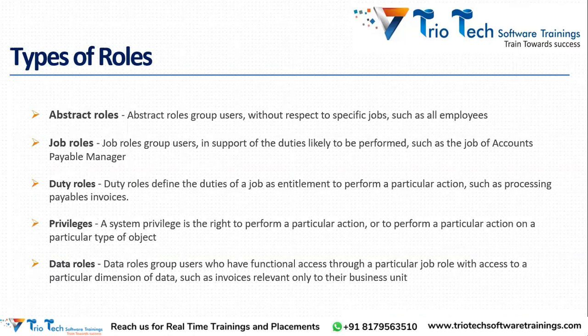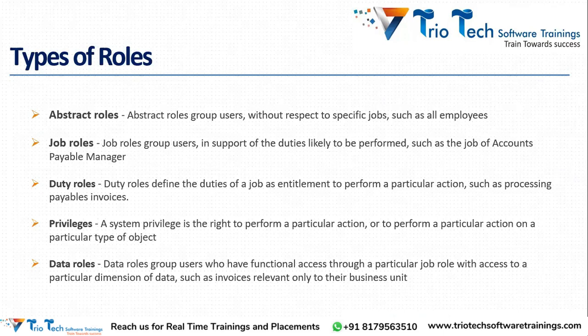Also, again, from a job role perspective, how a job role is defined, or what the architecture of a job role is, that also we understood yesterday. So a job is nothing but an indication of a particular job a person has to carry out, right? And as part of that job, he or she has to conduct or discharge certain duties, right?